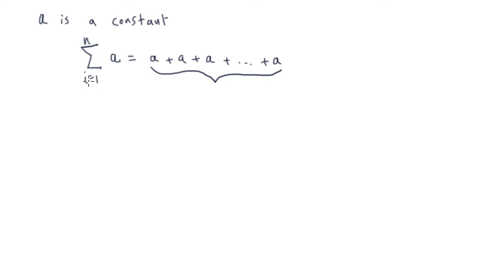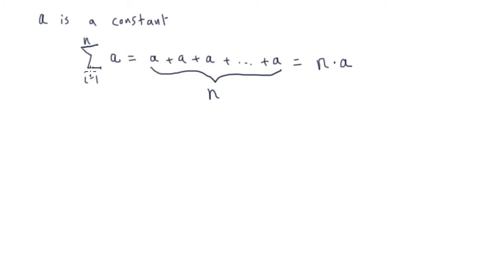Well, I have 1, 2, 3, 4, 5, 6, all the way up to n a's. So I can write this even simpler. This is really just n times a. That's how multiplication is defined, or at least a very primitive way to define multiplication, as repeated addition. When we have repeated addition, it really is just multiplication.